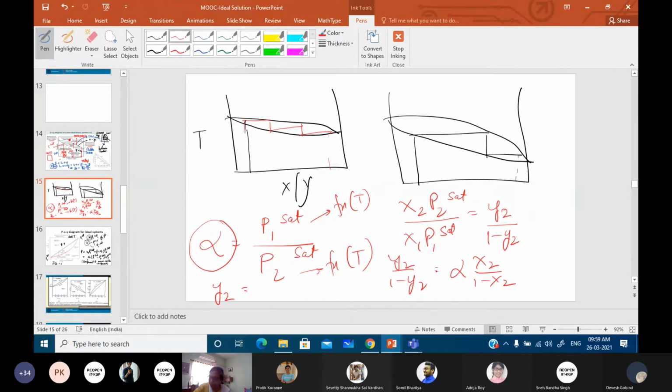Can you tell me what is y2 or y1, whatever, in terms of x2 and alpha? If you can just rearrange and tell me. Yes, ma'am. Yes, please. This is equal to 1 divided by 1 minus x2 divided by alpha plus 1.